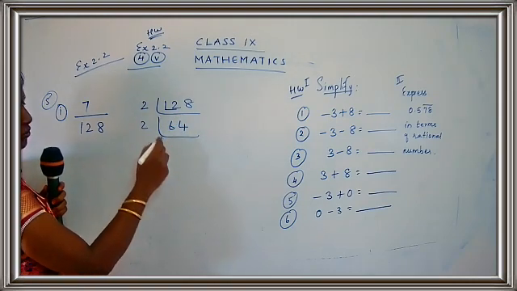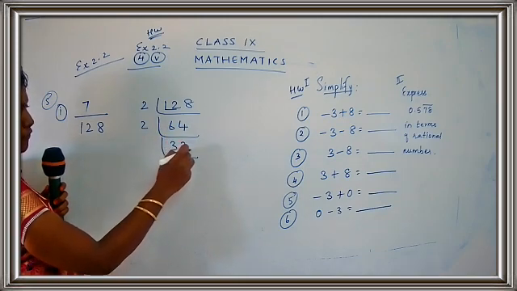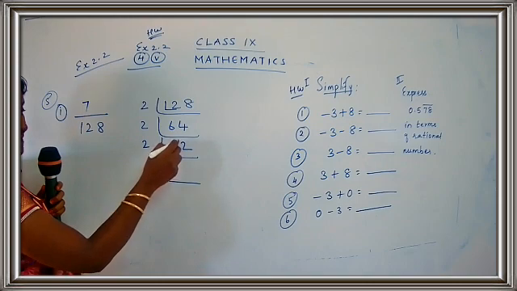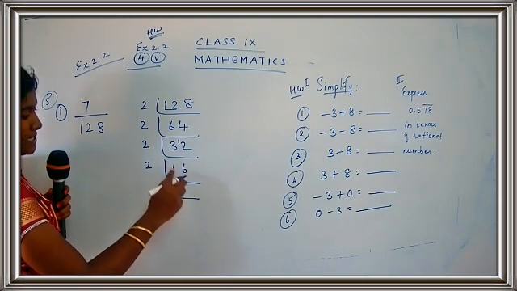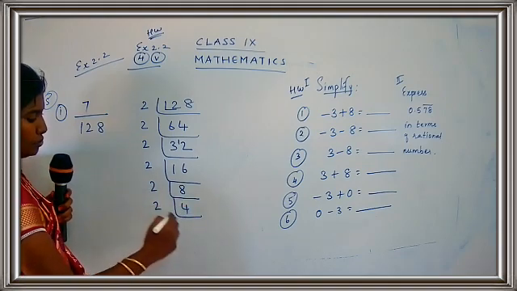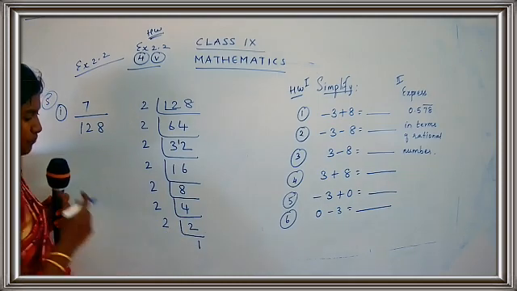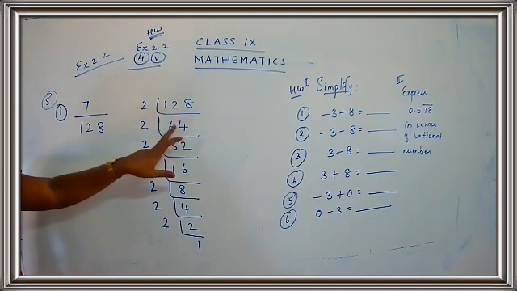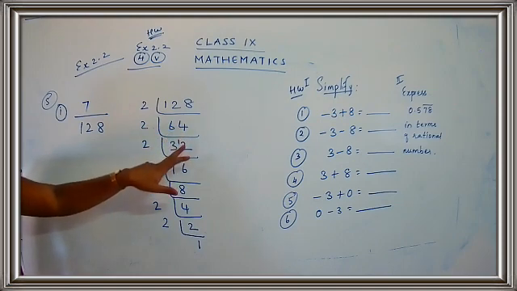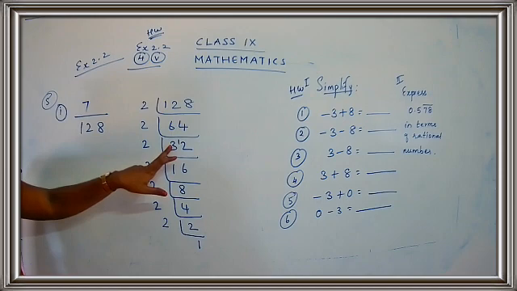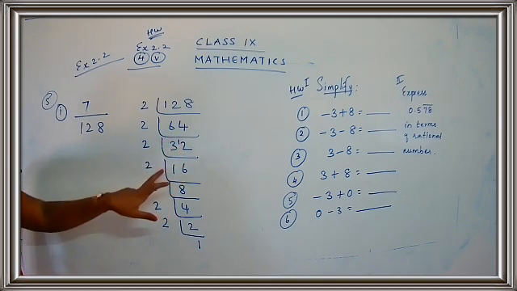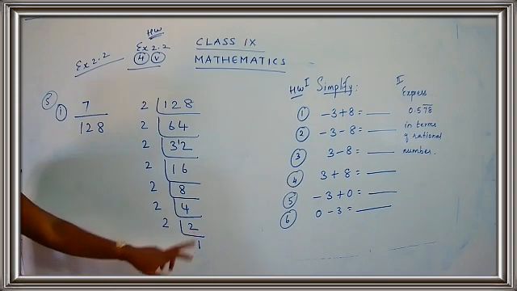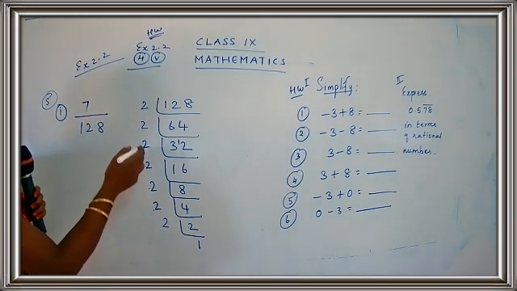Again 2 3s are 6, 2 2s are 4, 2 1s are 2. 2 6s are 12, 2 8s are 16, 2 4s are 8, 2 2s are 4, 2 1s are 2. So how many 2s you have here? 1, 2, 3, 4, 5, 6, 7.